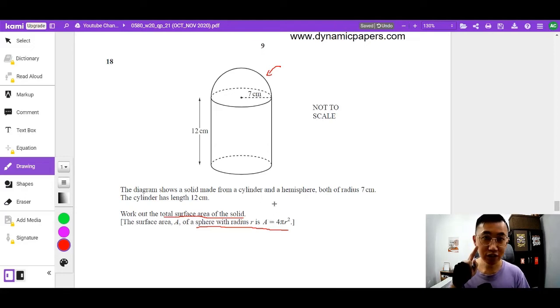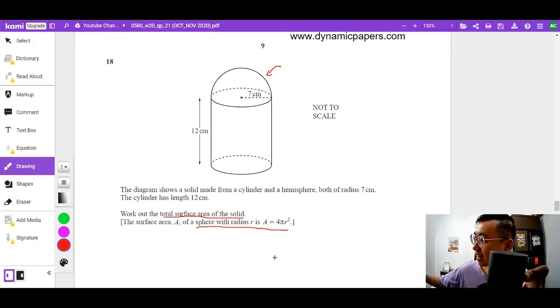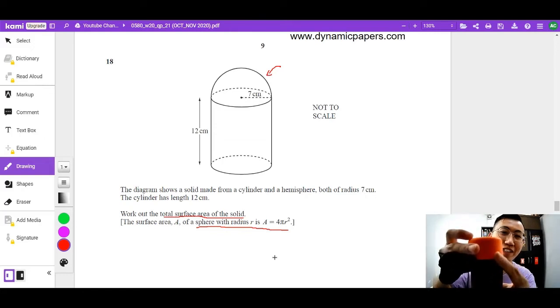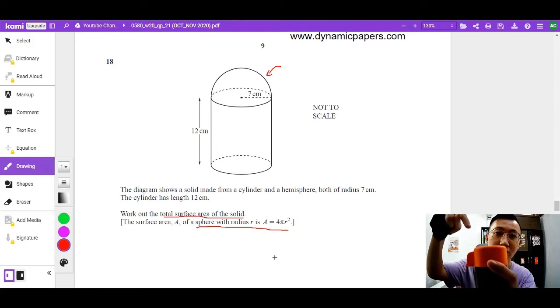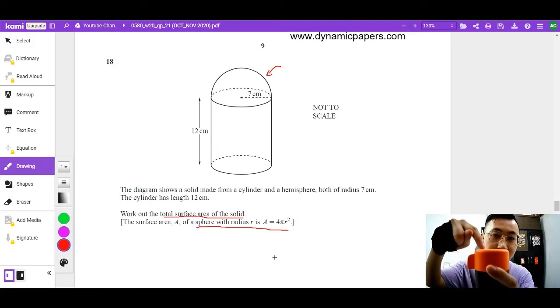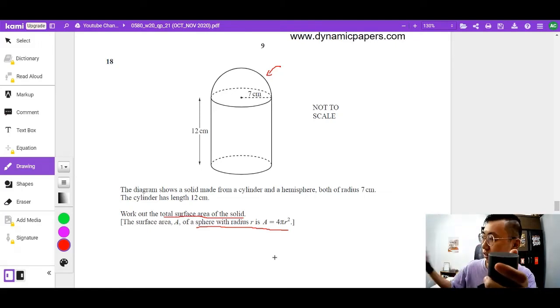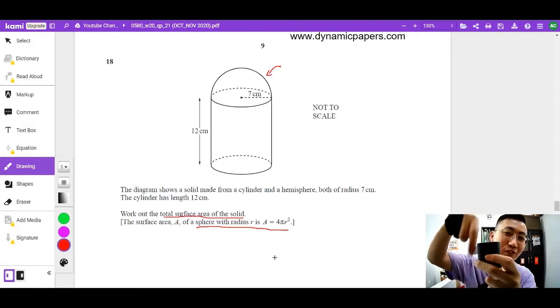Now in order to help you understand, I need some help over here. This one is your cylinder, actually my mini Bluetooth speaker. And then I grab my bottle cover. So imagine it like this. For total surface area, you need to calculate the hemisphere, then the curve area of the cylinder.